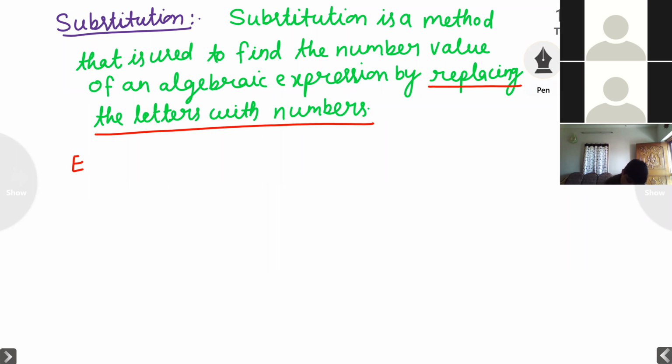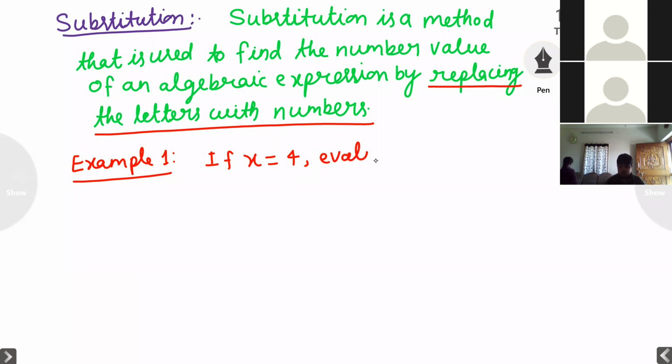Example 1. If x is equal to 4, evaluate x plus 20.